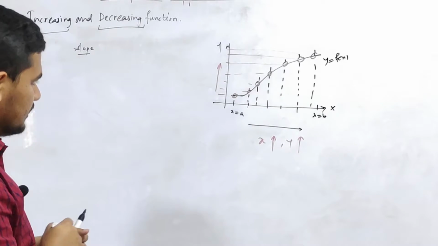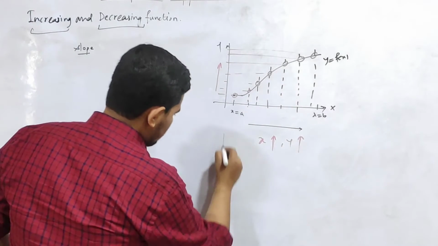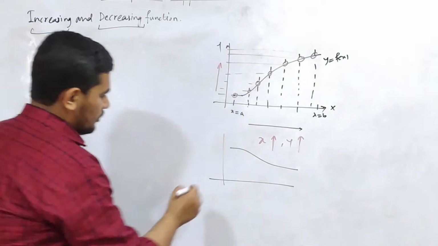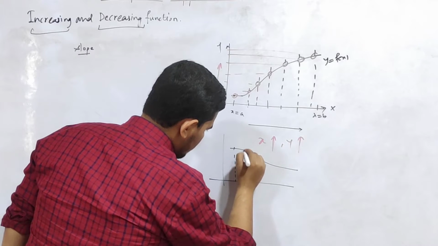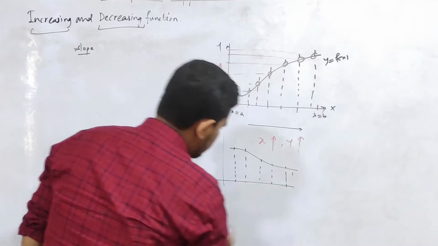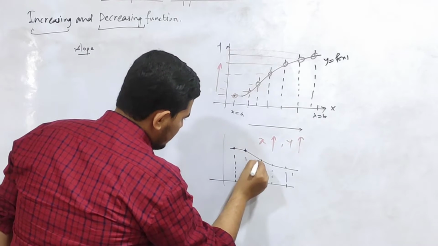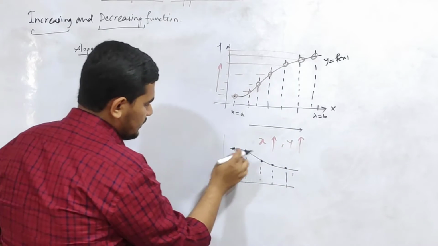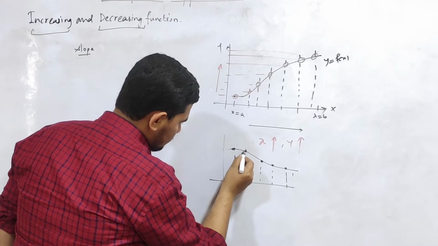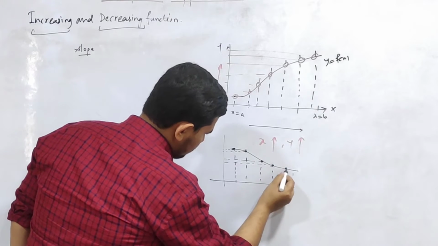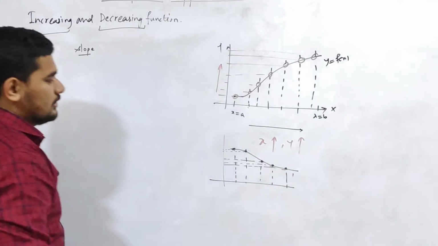Similarly, let's suppose this is a decreasing function. Why? Because when we move from left to right, you can clearly see that the y values are decreasing.